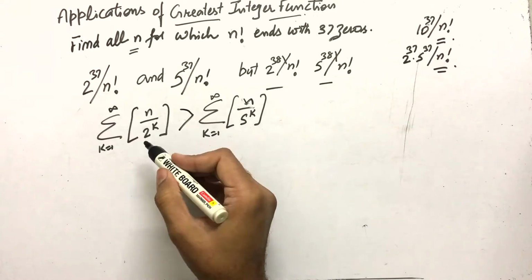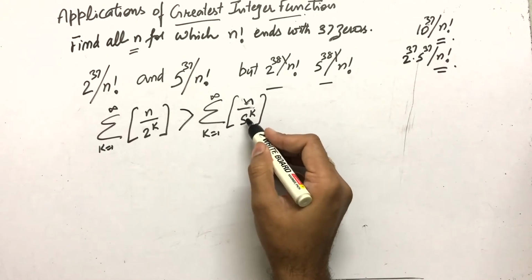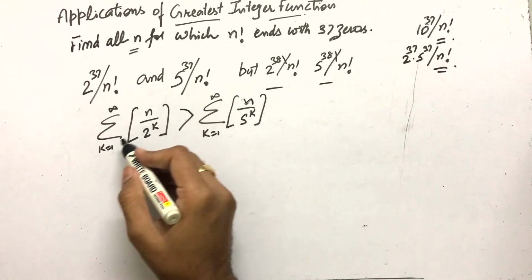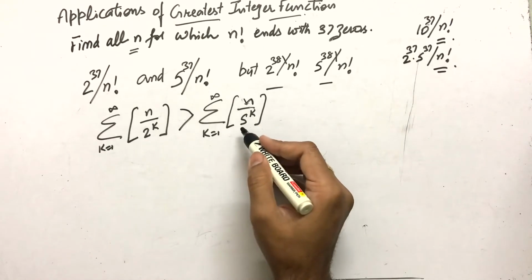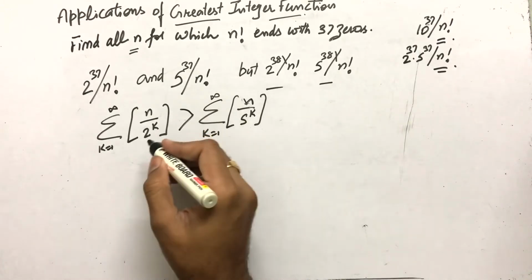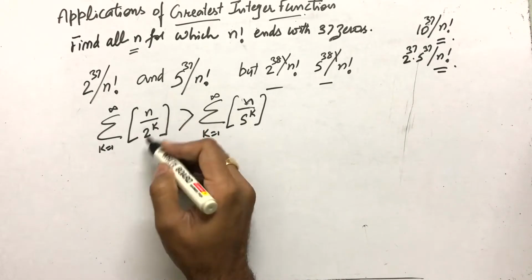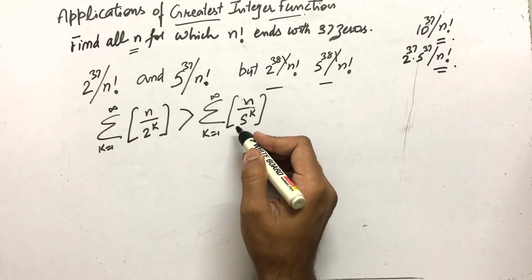Why? Because here the denominator will rise in a higher order. So here we will get more terms in the summation, but here we will get fewer terms as compared to the left hand side. So this sum will be greater than this.